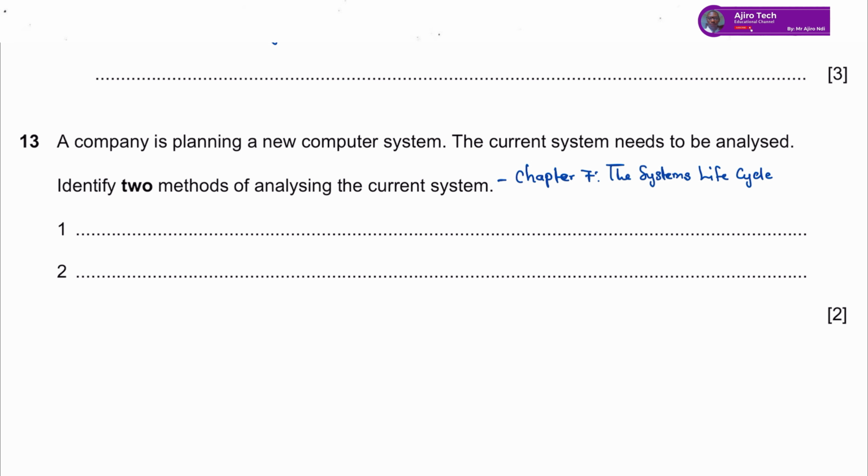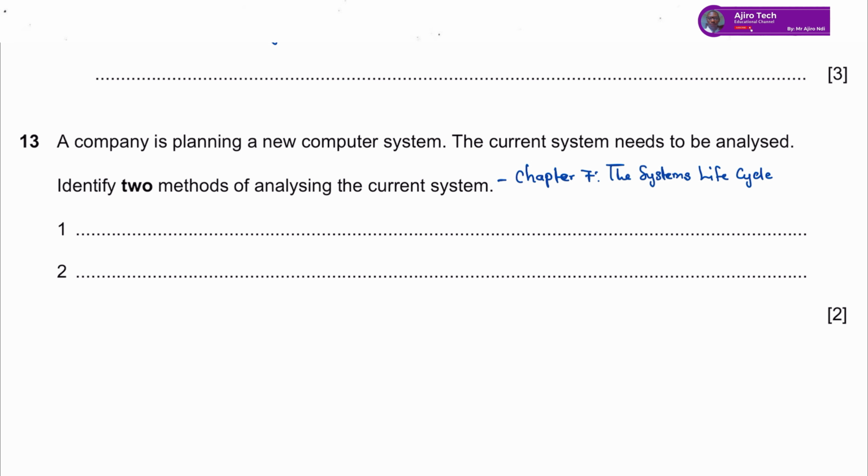Now, how do we analyze the current system? What are the methods of analyzing the current system? And this is important, because when we're analyzing the system, we need a computer professional to check how well the current system is working, thereby making suggestions.